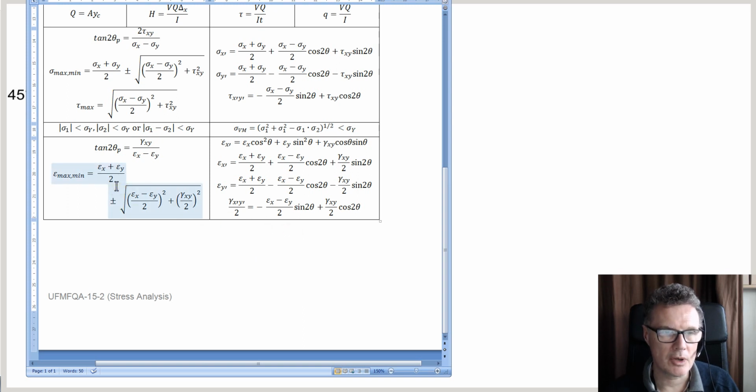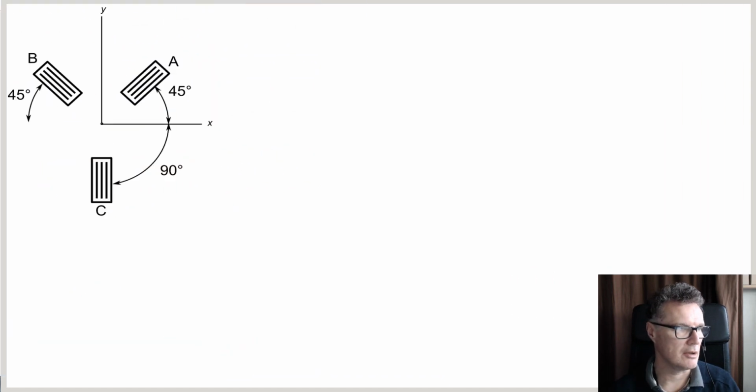To use this equation, we need to find epsilon x, epsilon y, and the shear strain gamma xy. So I'm going to use this equation three times and then work with algebra.